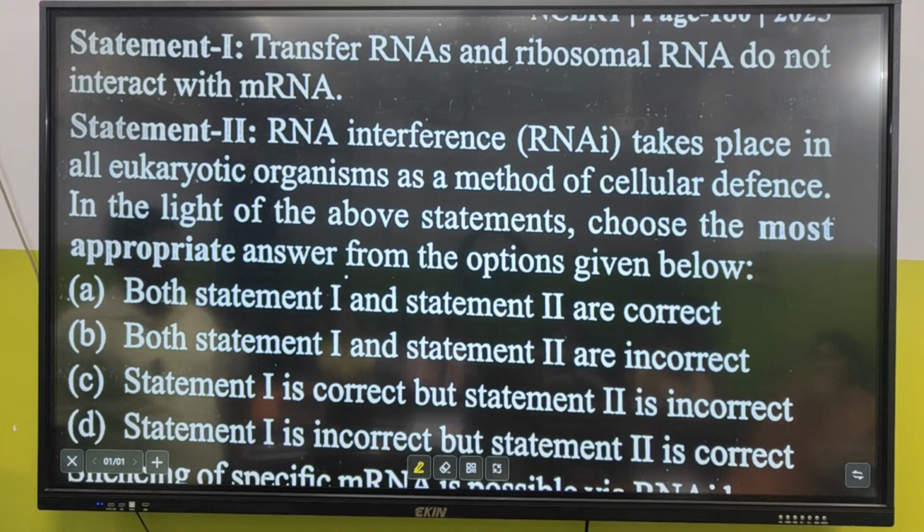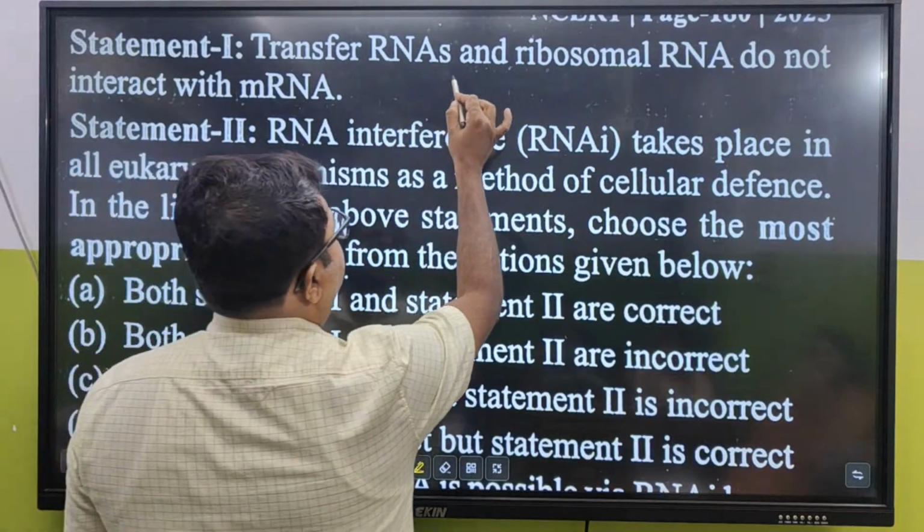Option: Statement 1 is incorrect, but statement 2 is correct. Transfer RNAs and ribosomal RNA do not interact with mRNA. Do not, or they do? They do. Why? Because of transfer RNA, that is tRNA.